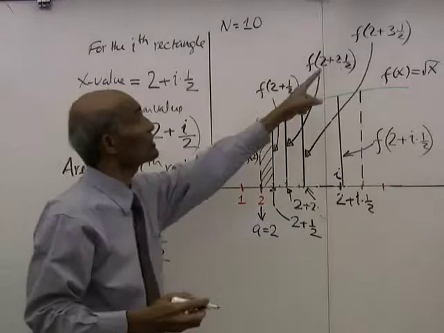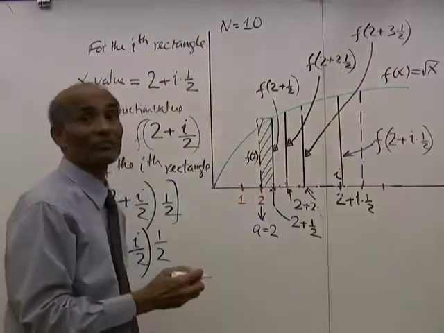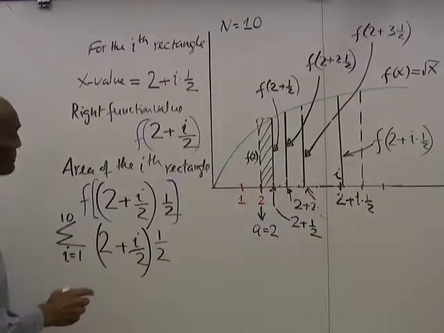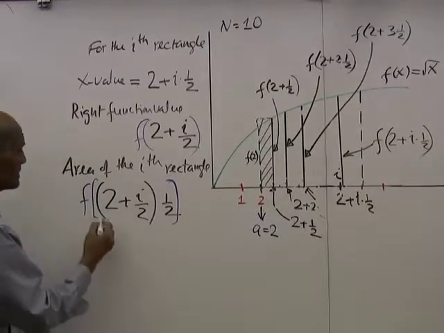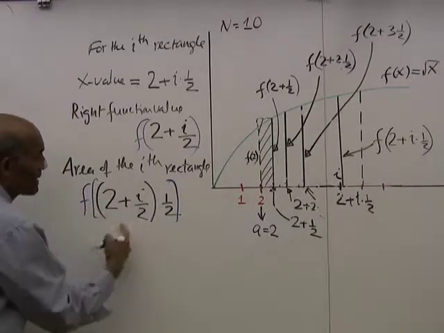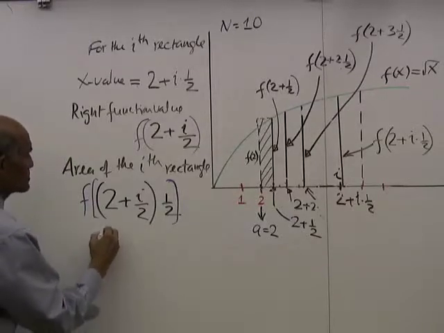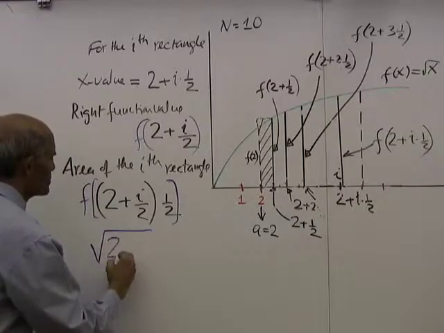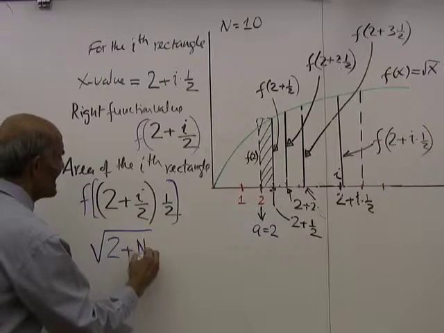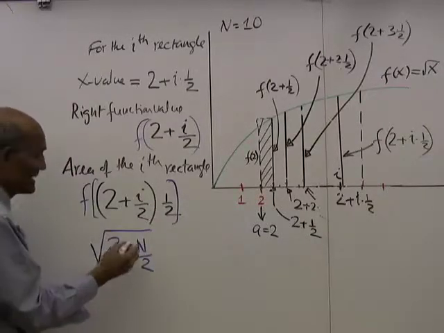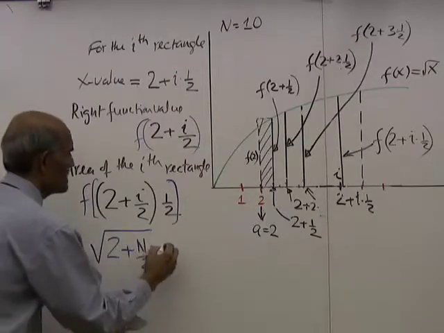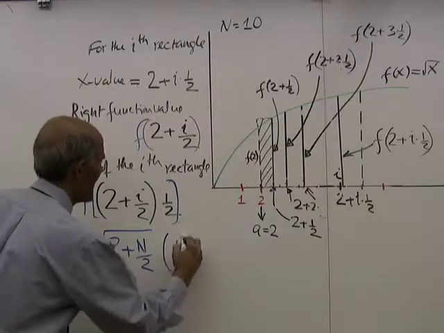And our function is square root of x. So how do you translate this into our function? f of 2 plus i over 2 will be the square root of 2 plus n over 2. In place of i, we will use n. And this will be multiplied by 1/2.